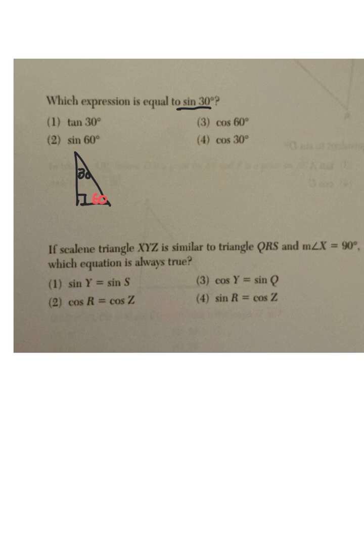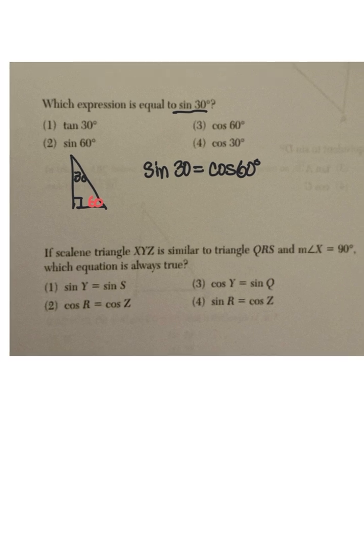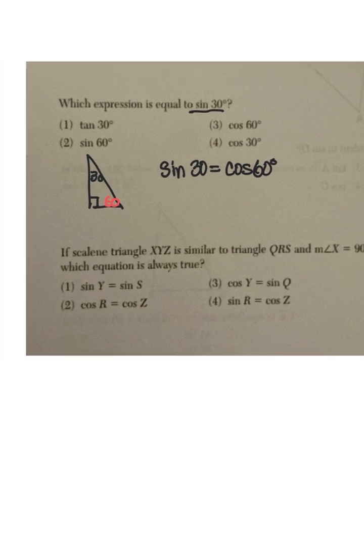Okay, so remember it's asking what is equivalent to the sine of 30. Well, that would be the cosine of the other angle that's not the right angle in the triangle, and that would be choice 3.